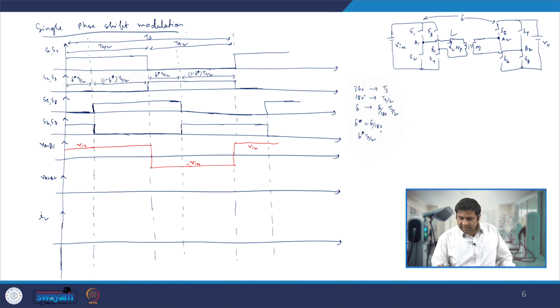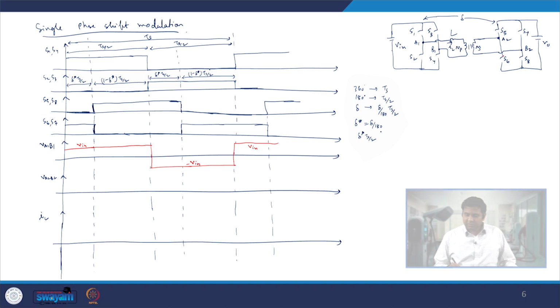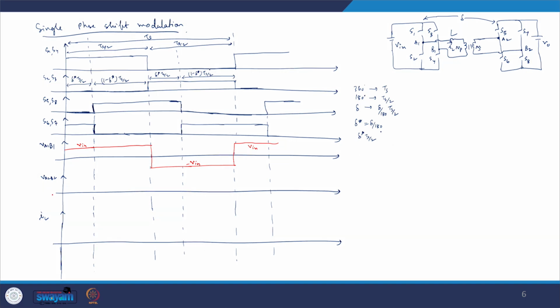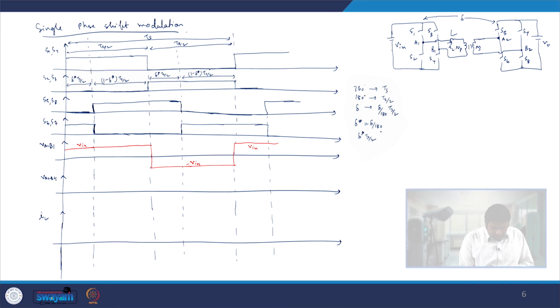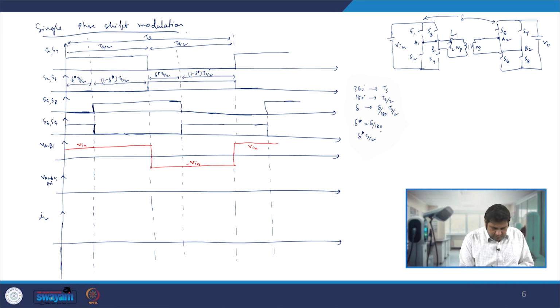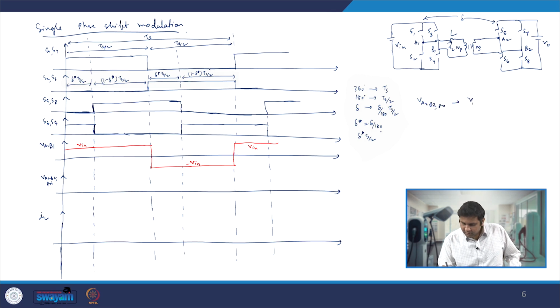Similarly, in case of A2B2, my S6 and S7 are on. One important thing we will now write here is that it is referred to the primary side, so that we can then draw our IL current referred to the primary side. So this is VA2B2 primary, VA2B2 referred to the primary side.